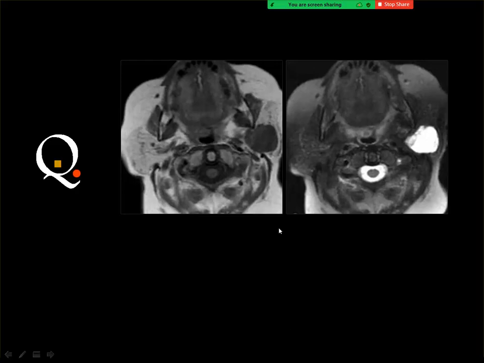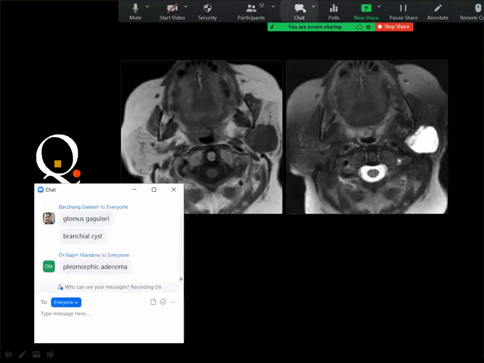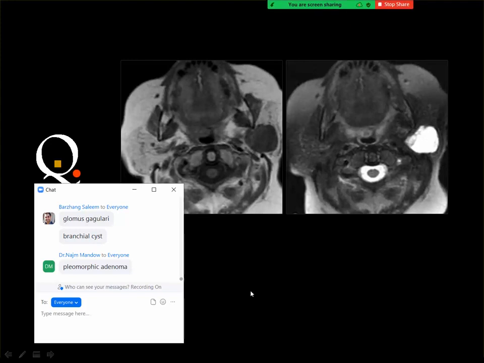Next case is an MRI, T1 and T2 weighted images, of a parotid lesion on the left side. Branchial cleft cyst is not totally present inside the parotid gland.